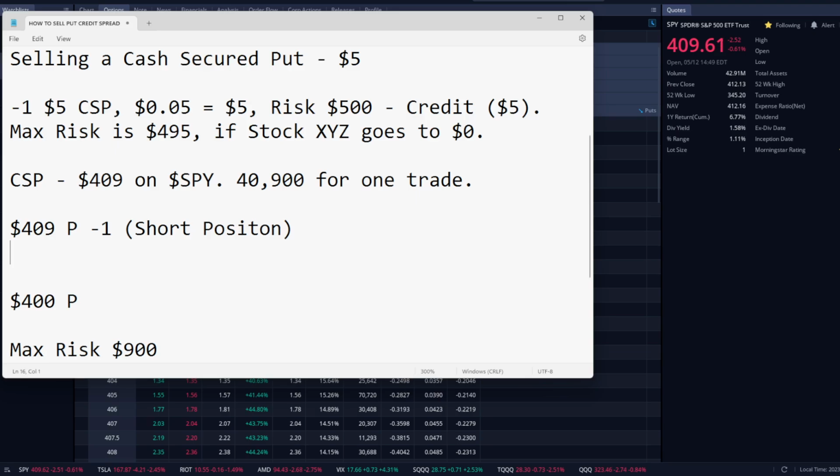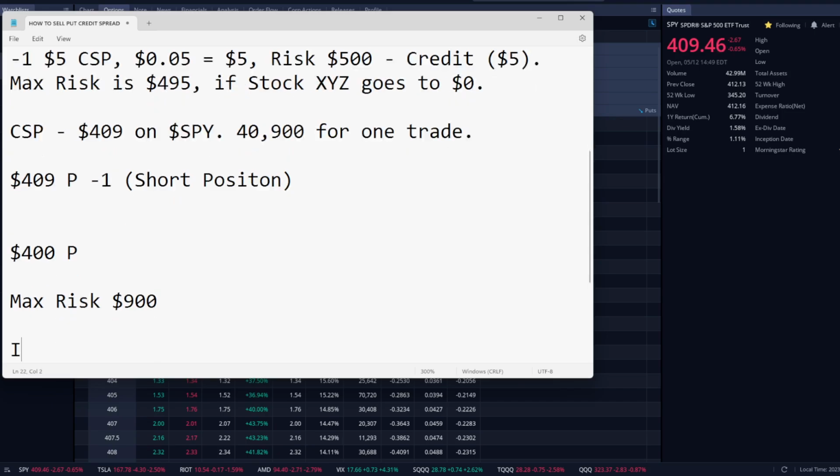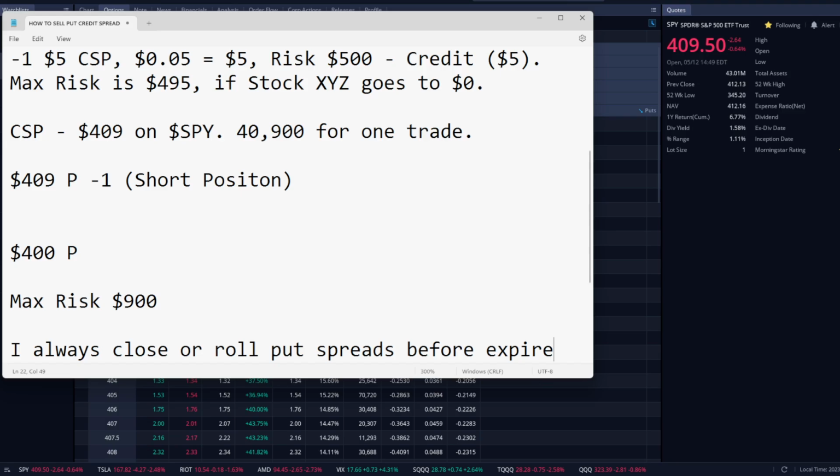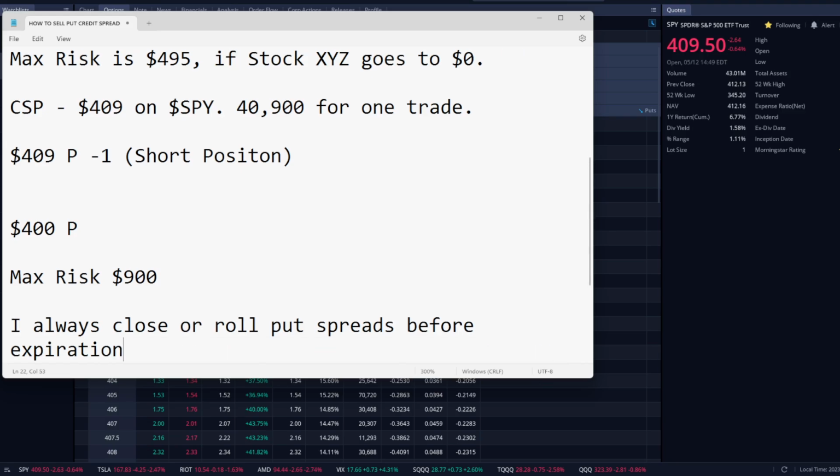But sometimes it could fluctuate and you might get exercised, so if it's that close, I'm not risking it. That's why I always recommend closing or rolling put spreads before expiration, because of this risk.